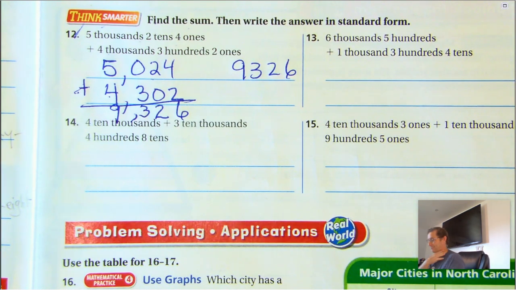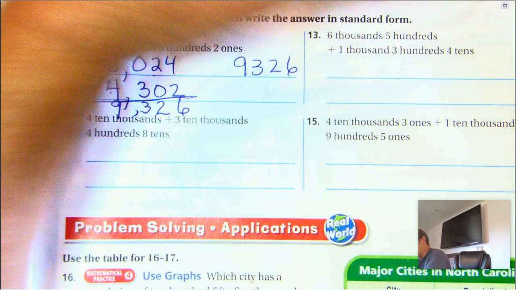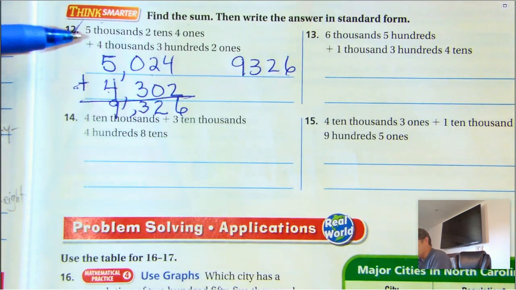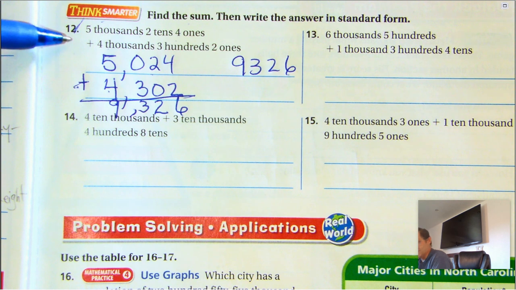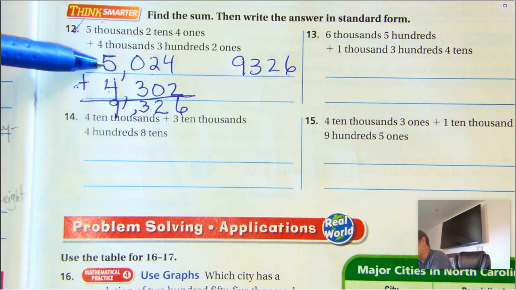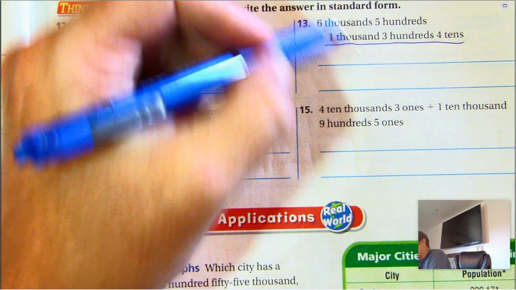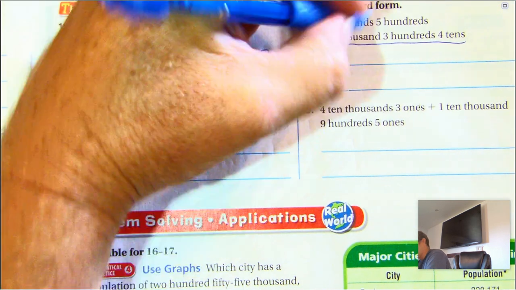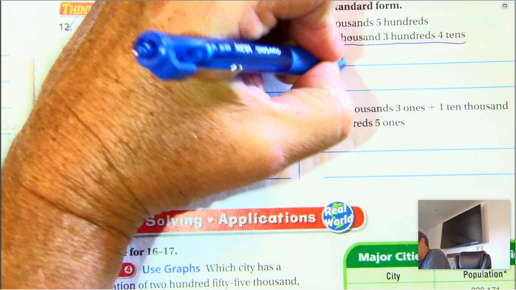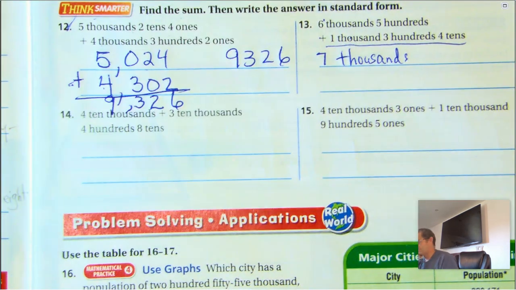Number 13. So technically what I did in number 12 is I changed the word form into standard form. What I can do, I can solve this problem using word form. 6,000s plus 1,000. Well, that's 7 thousands.